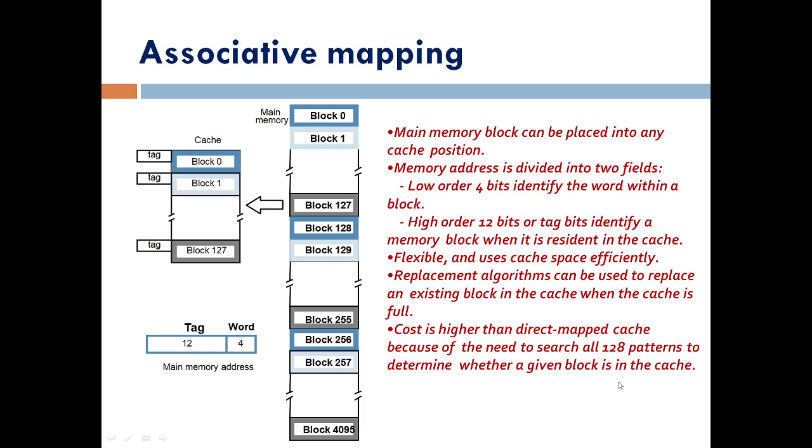So cost wise it is a bit expensive compared to direct mapping, because when the processor wants to search for data in this cache memory, it has to search in all the 128 blocks, because the data from the main memory block can go to any block in the cache memory. So the processor has to search in all 128 blocks. So the cost is a bit high compared to direct mapping.